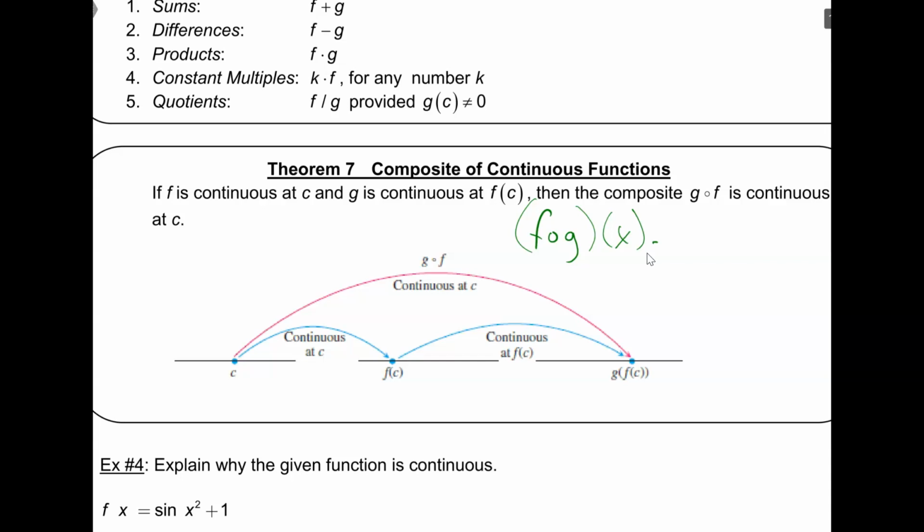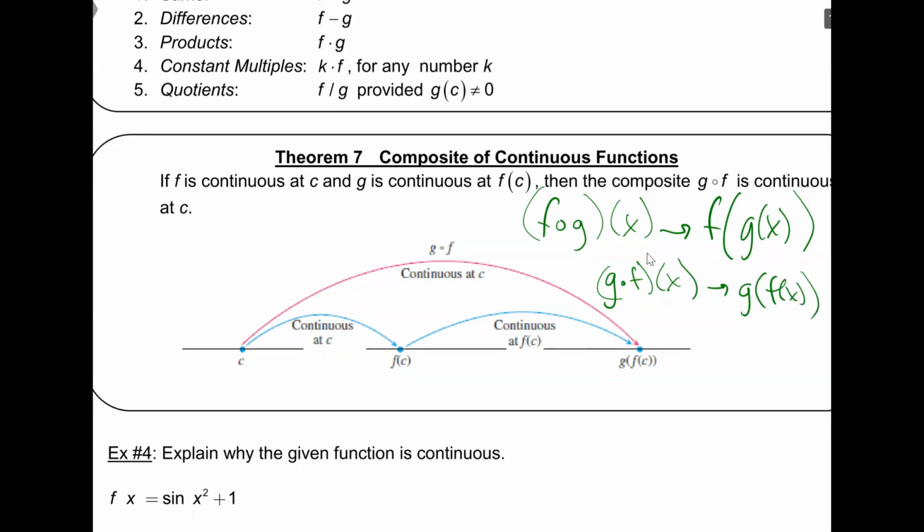Okay. So f circle g is the same thing as f of g of x. And g circle f is the same as g of f of x. Cool.